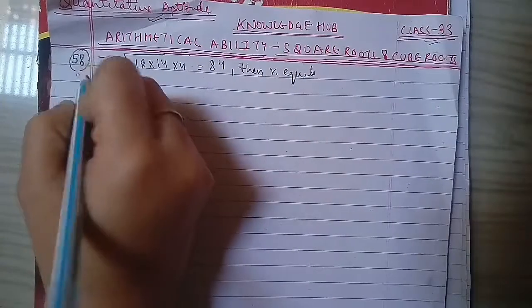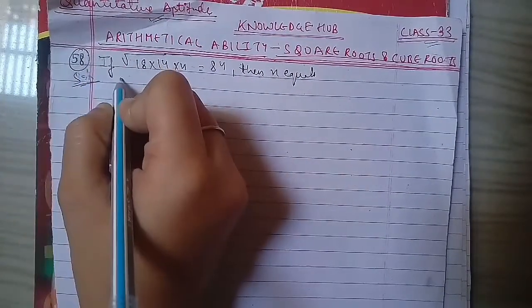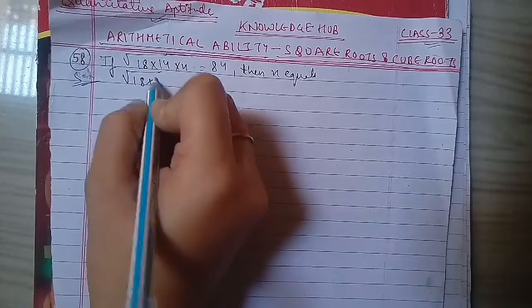We have under root 18 into 14 into x is equal to 84.